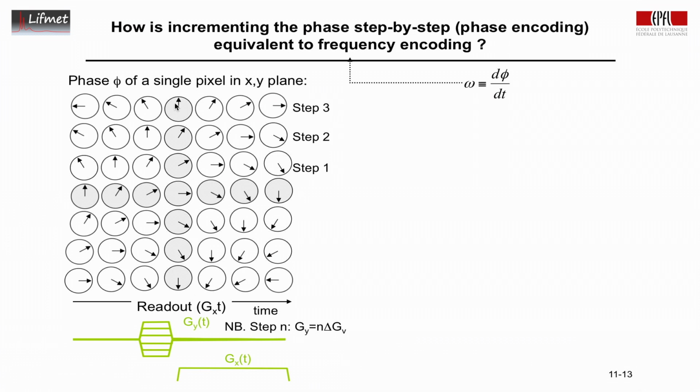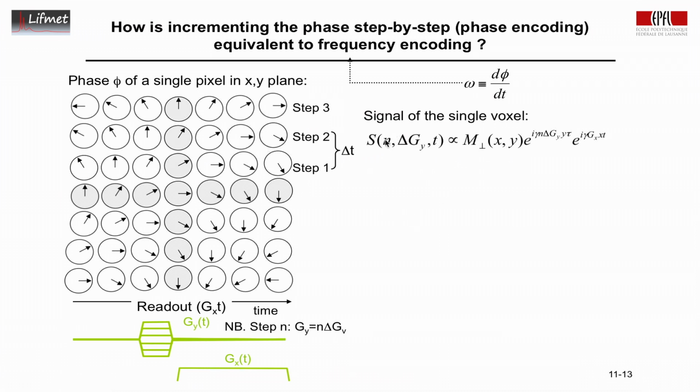But if we now introduce to the second dimension also a time component, then this phase evolution here will also correspond to a precessional frequency, except that it's not real time, it is the time variable introduced by phase encode steps 1, 2, 3, etc. So if we look at the signal of the voxel we have here, we can attribute this to a delta time delta t, so we can introduce along y a second time component.